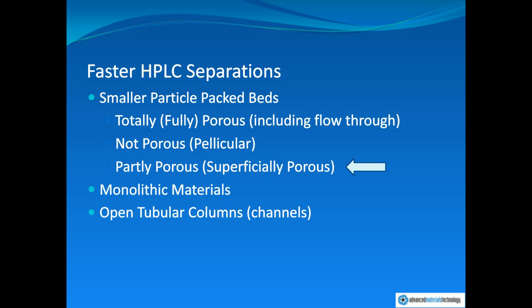In general, as particle size decreases, efficiency increases. There's also a class of materials referred to as monoliths, which are produced essentially as a unitary separations device. And of course, there's open tubular columns, where essentially there is a stationary phase that's also the containing vessel.